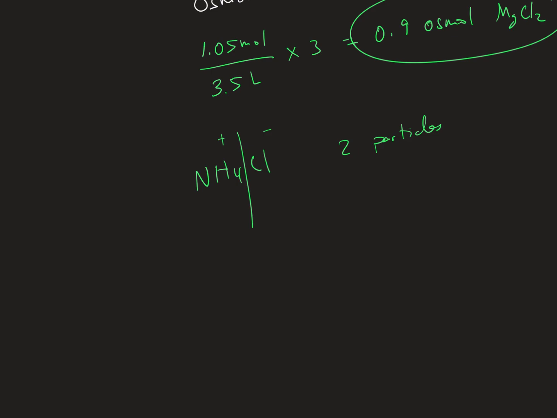What about Ca(NO3)2? How many now? 3. There's the plus, there's the minus. This is 2 of those and 1 of those.